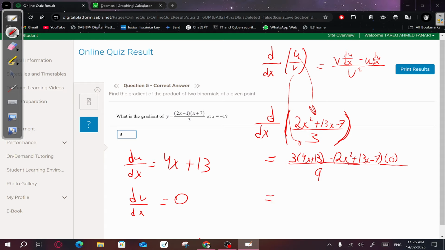Now we expand the top first: everything over 9, this is going to be 12x plus 13 times 3, which is 39.